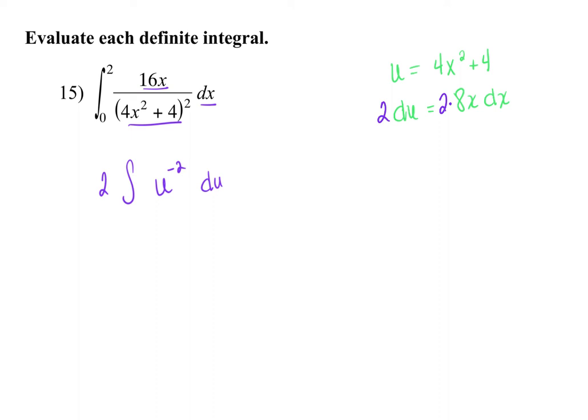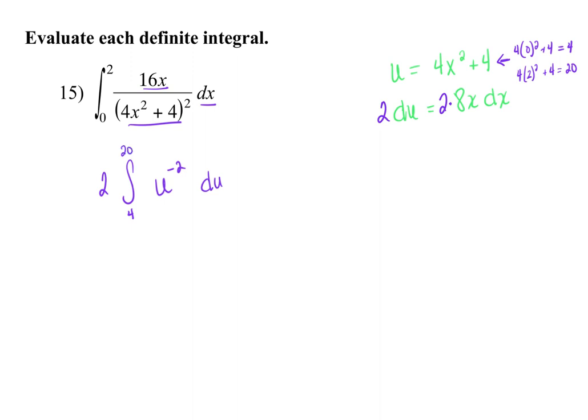Now, instead of using 0 to 2, I am going to find new boundaries by plugging them into my u. So if I plug in a 0 here, I get 4. That's going to be my new lower boundary. And if I plug in a 2 here, my new upper boundary will be 20.